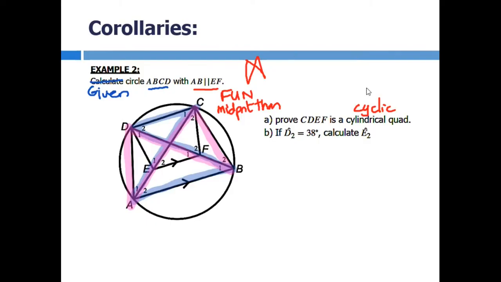So, do you see here the pink bow tie is using these angles? And do you see that none of those pink angles that I've just indicated are completely inside my small quadrilateral? None of them are completely inside, so we don't want to use the pink.